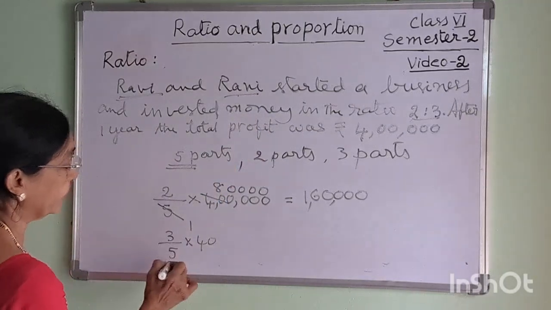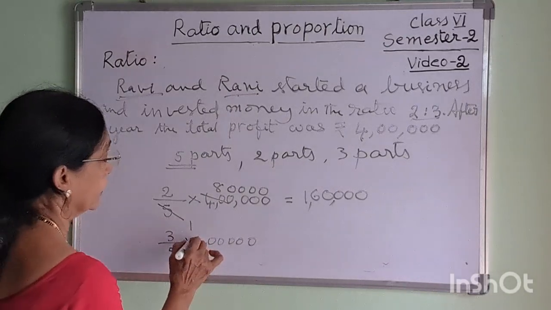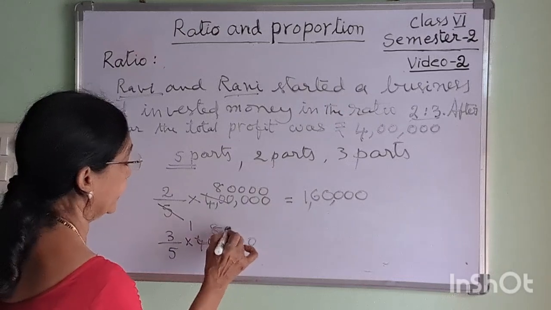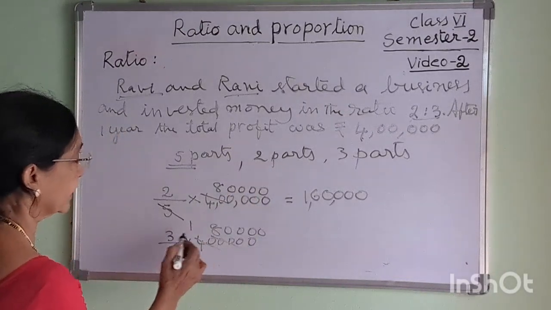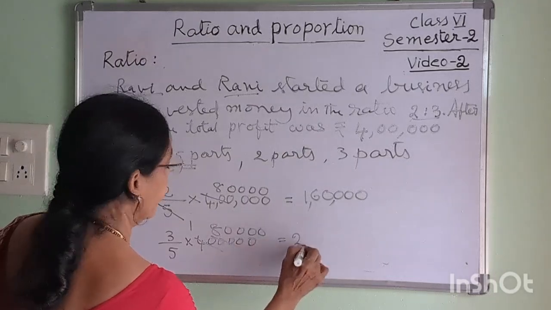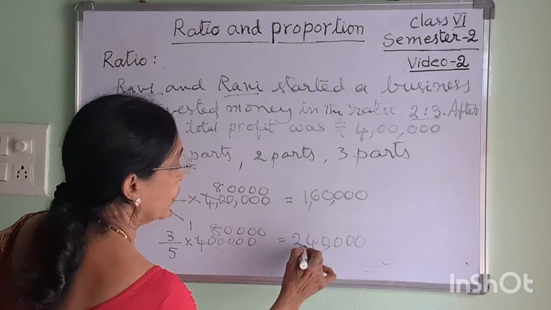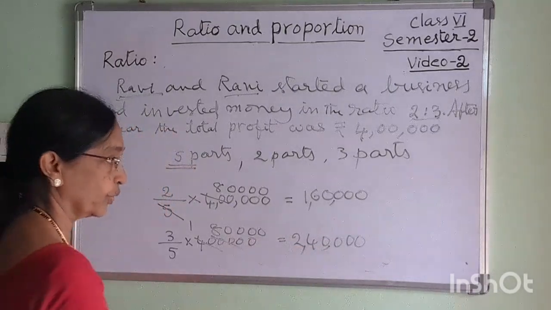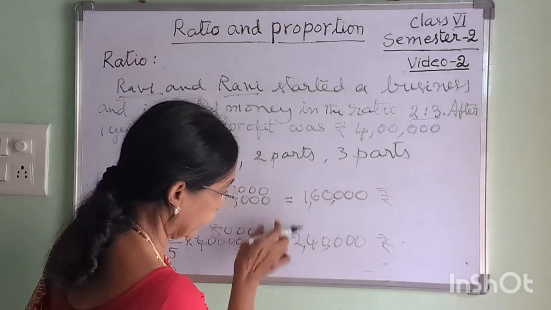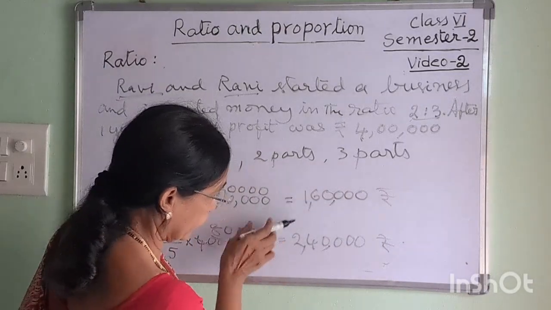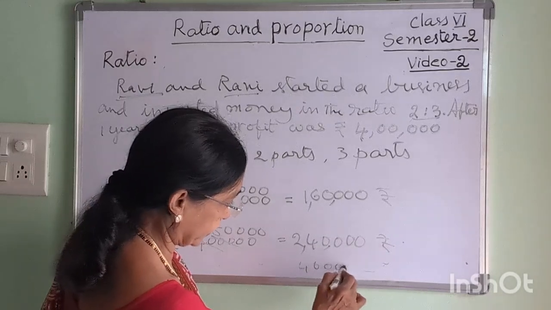So 3/5 of 4 lakhs, cancelling, we get 80,000. So 3 8s are 24 and 4 zeros, so 2,40,000 rupees. If we add the totals, we get 16, 24, 40, and 4 zeros.